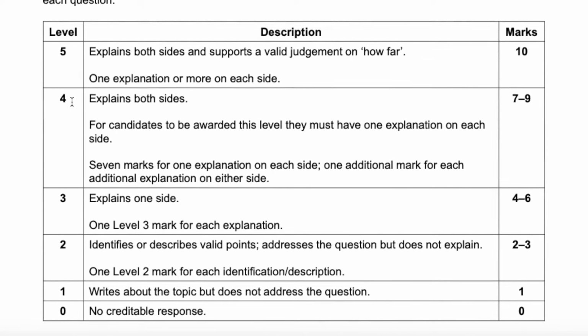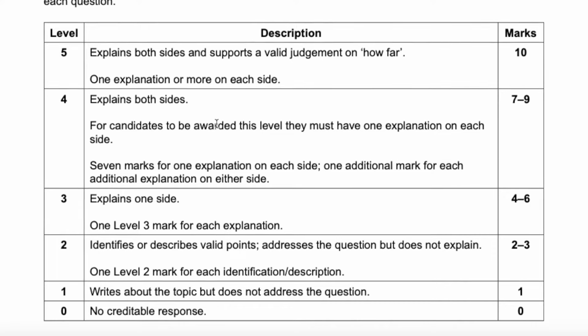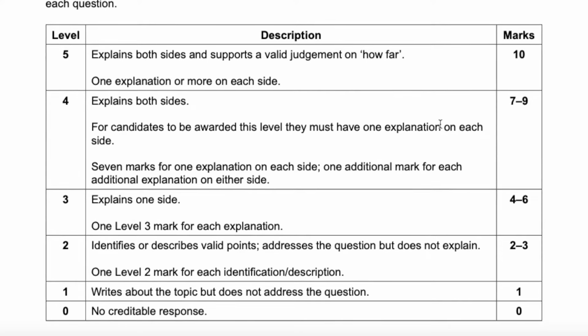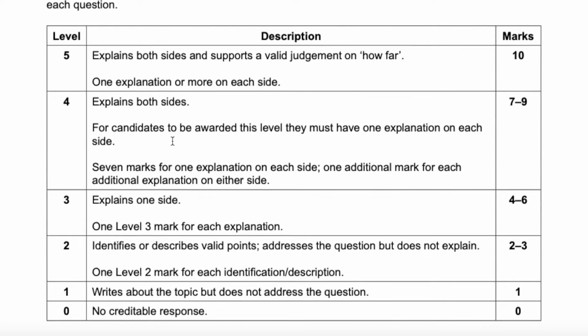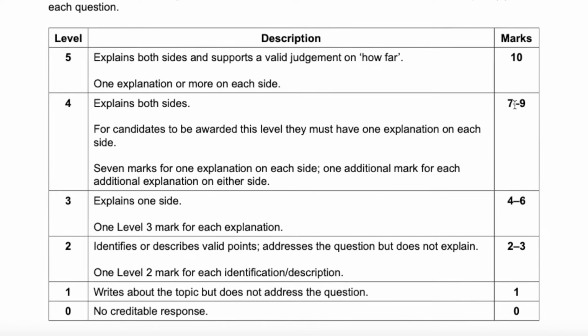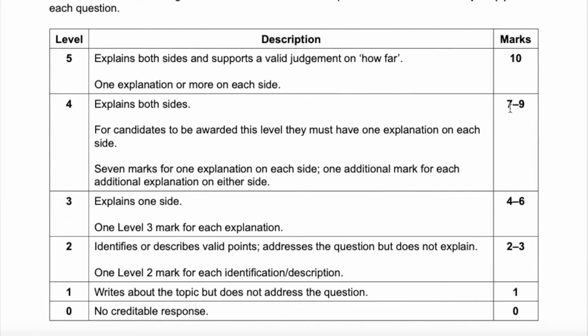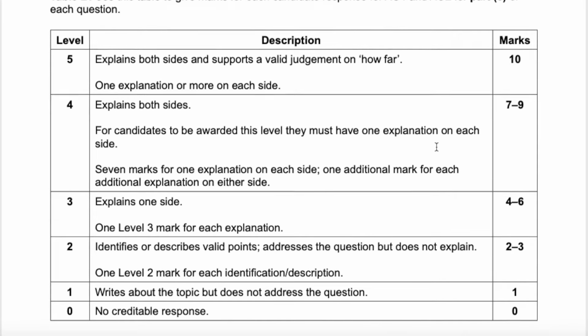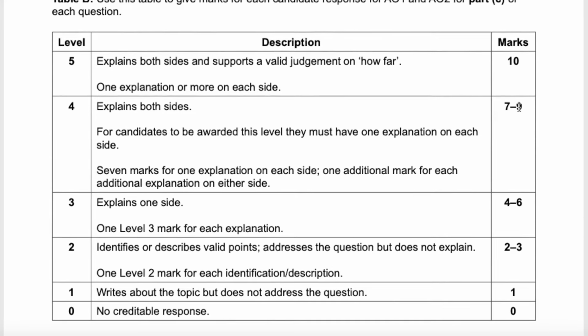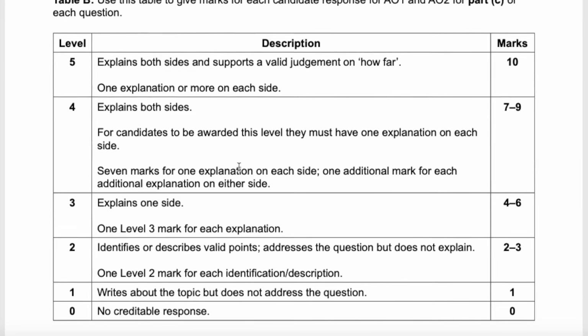For candidates to be awarded this level, they must have 1 explanation on each side. So with the balanced argument and 2 P.E.E.Ls, you can get a 7. I wouldn't be thrilled with a 7 for my students. I want them to get the best grades possible, and I don't want you to be happy with a 7 either, or 7, 8, or 9. 7 marks for 1 explanation on each side, 1 additional mark for each additional explanation on either side.